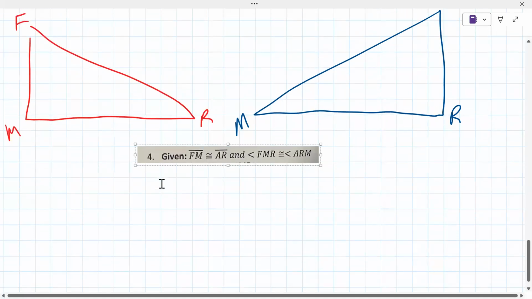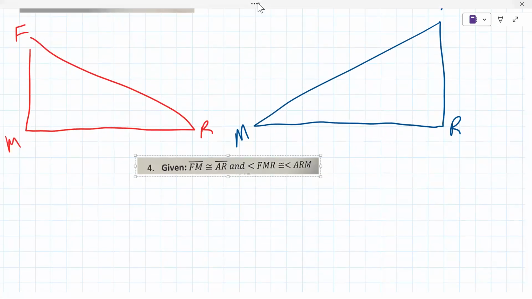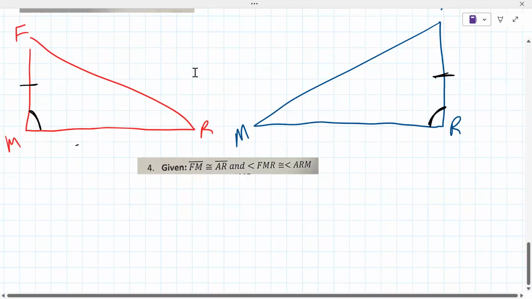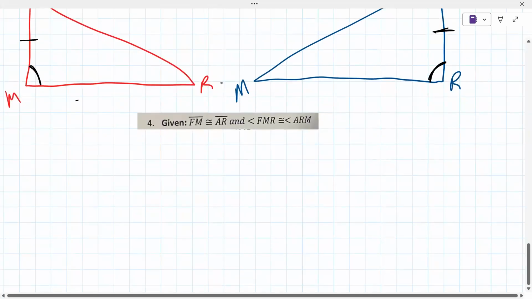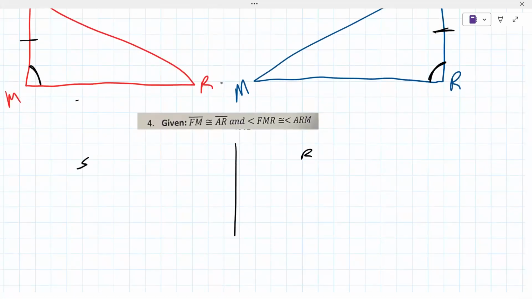So it's given that FM is congruent to AR and angle FMR is congruent to ARM. All right, so we can write that out. We can start our proof with all of that already.